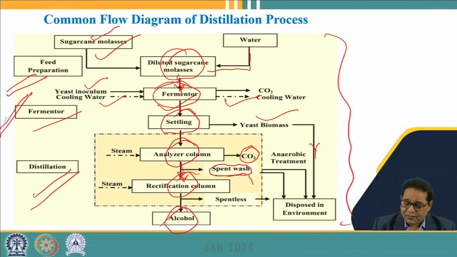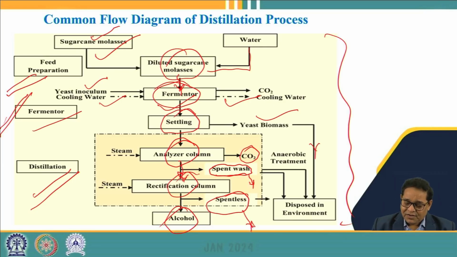This wastewater is the main wastewater, what we call spent wash, and it is one of the most caramelized types of wastewater produced from this distillation process, and needs thorough treatment before it is discharged into the environment. The second type of wastewater is spent lees.